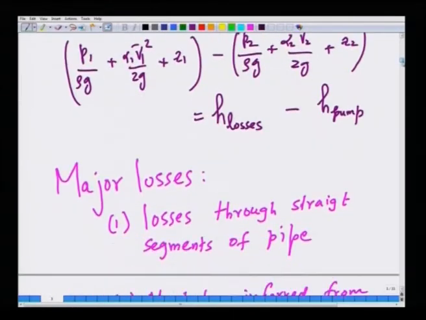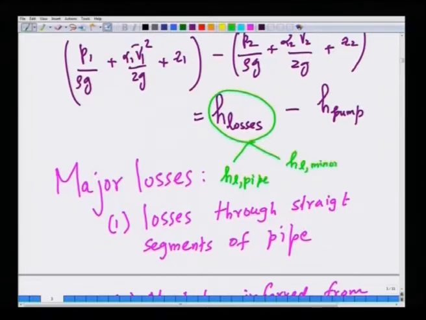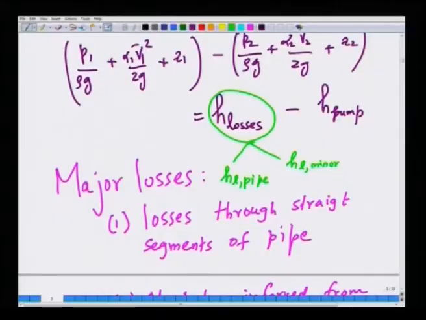So, let us again rewrite, let us split these losses into major losses, which I will denote as HL pipe, and minor losses, which I will just write as HL minor. It depends on the nature of the problem and nature of the type of losses that occur in a given flow system. So, the major losses will have to be calculated from friction factor charts.